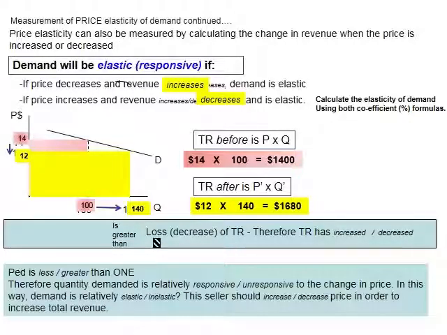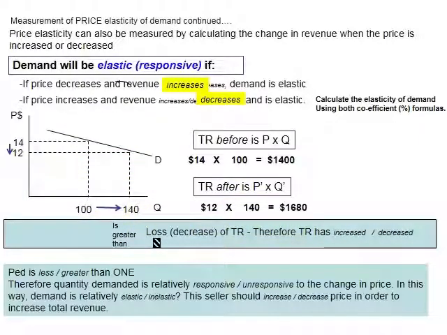So here we see the price falls from 14 to $12. So total revenue, as you can see, actually increases from $1,400 to $1,680. So we've got here an example of elastic demand.